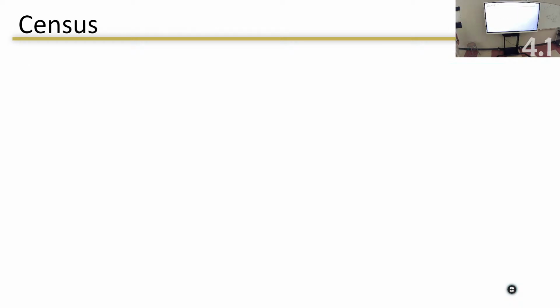Pretty easy, no issues. Okay, census. Let's talk about what a census is. Anybody know what a census is? Everybody heard of a census? That's typically people, right? I think it's every 10 years they do a census.